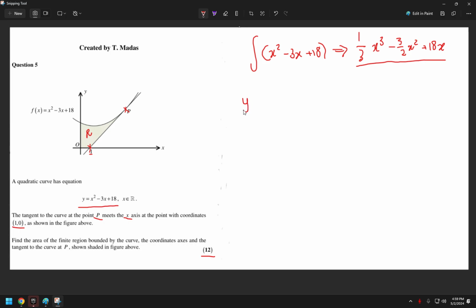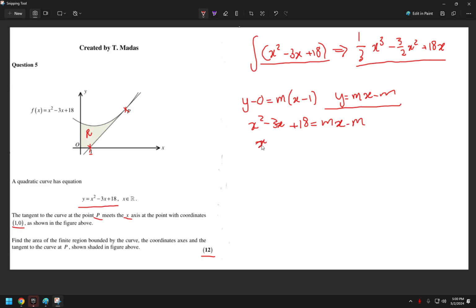So we have y minus y1, which is 0, equals m times x minus 1. So y equals mx minus m. When you solve simultaneously with the equation of the curve, you have your final answer in terms of m, as you would do the discriminant to solve for m. So x squared minus 3x plus 18 equals mx minus m.